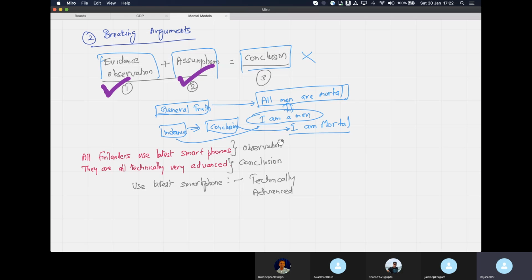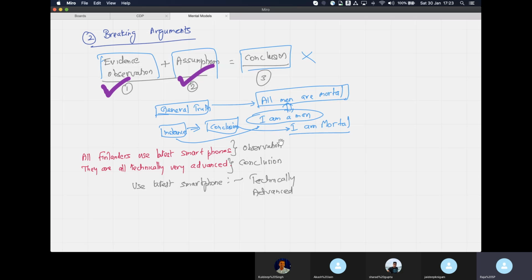In this particular example, we talked about all Finlanders using the latest smartphones. That's an observation. Is this observation even valid? Where is this data point coming from? What do we mean by latest smartphones? First of all, qualify that. Get to the numbers, the percentage of people. Do you mean to say even the old people there are using the latest smartphones?